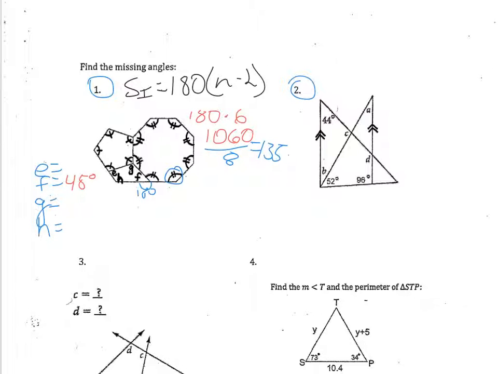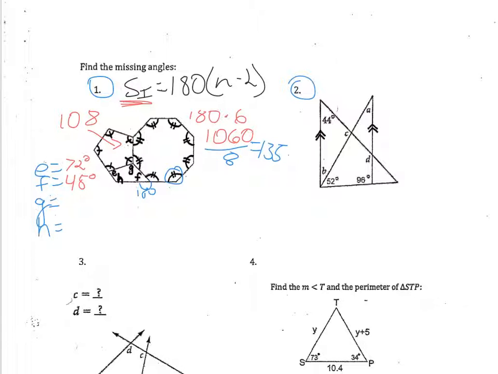And over here, if we had done the same formula for the sum of the interior angles of a polygon, we would see that each of those angles is 108 degrees, and so we can find E in a similar manner, taking 180 and subtracting away 108 to get 72 degrees.